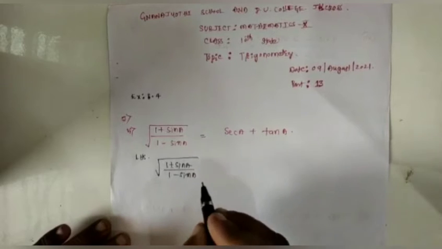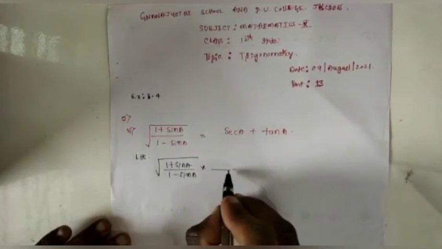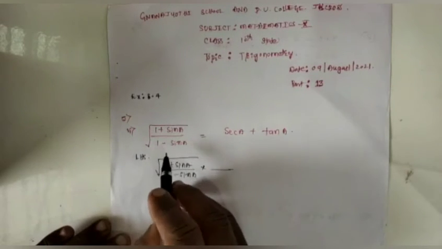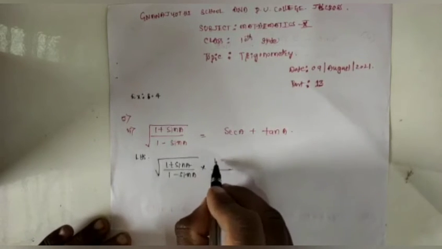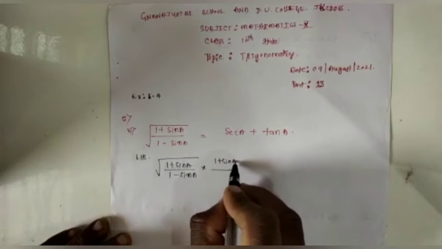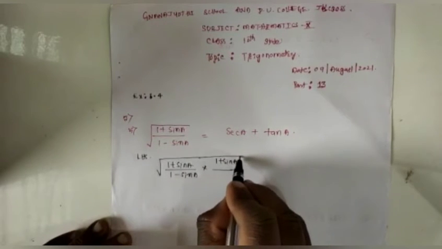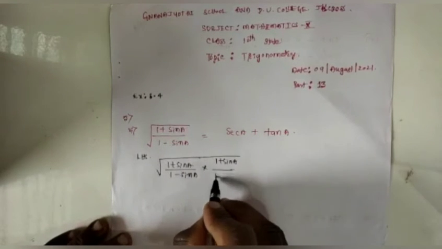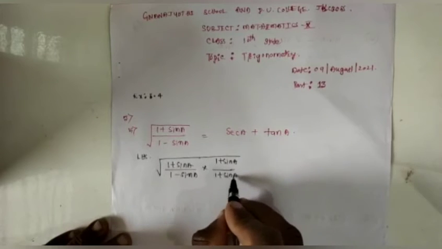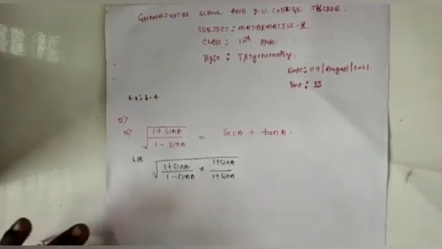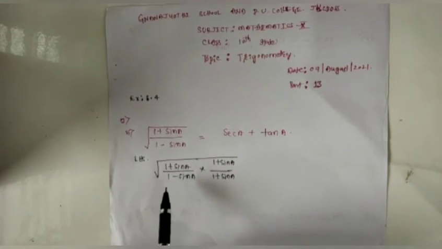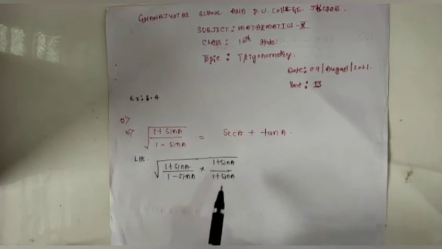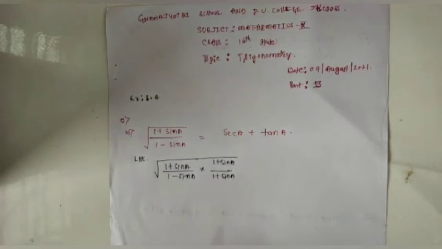The rationalizing factor of the denominator 1 minus sine a is 1 plus sine a, so I multiply both numerator and denominator by 1 plus sine a.